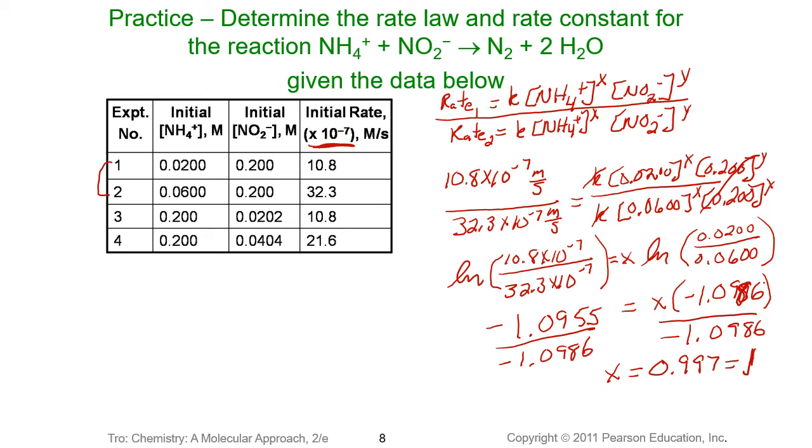Now we can do the same thing with our y, but for y we're going to pick 3 and 4 because our concentration of ammonium is held constant. We're going to get our rate for experiment 3 and 4.